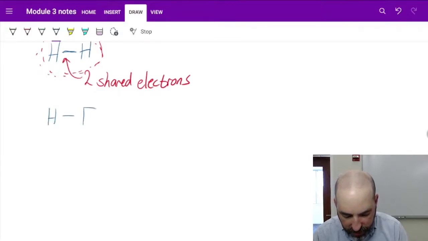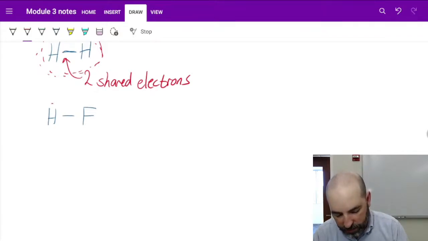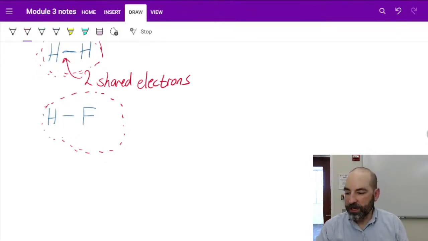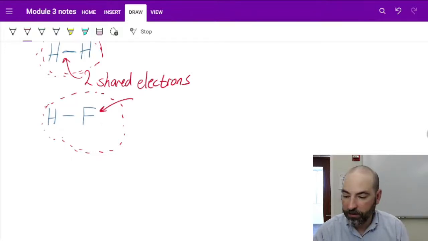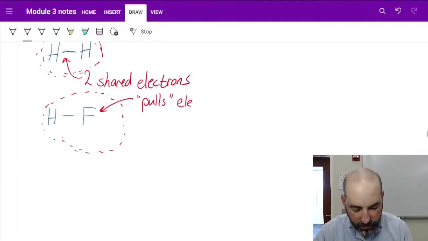Now some compounds, like if we change this to HF, have a different distribution. So in HF, we might draw the cloud more like this to show that the electrons are more likely to be around the fluorine. One way we can describe that, it's not really a pull, but we can say that the fluorine pulls the electrons toward it.